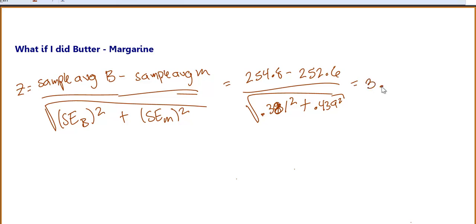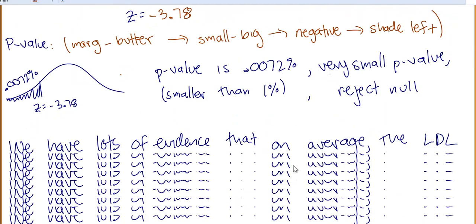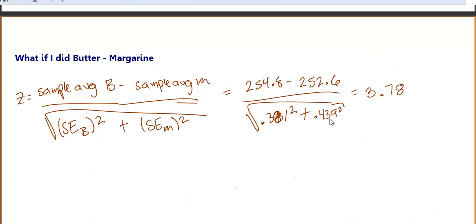So I got positive 3.78. So what's the difference between these two problems? Here I got a negative 3.78, but when I switched the order I subtracted, I got positive 3.78.